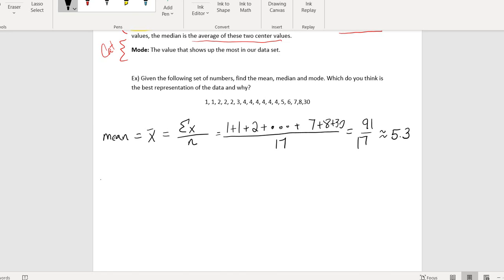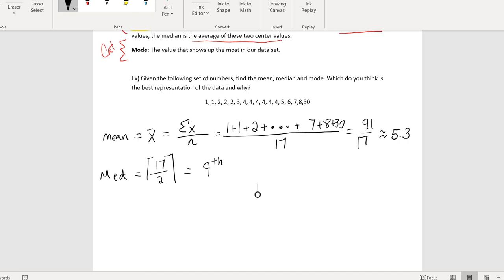When we do the median, that's the one that's directly in the middle. Since we have 17 observations, we take 17 divided by 2 and round up, and this notation means round up. That would be our 9th observation.